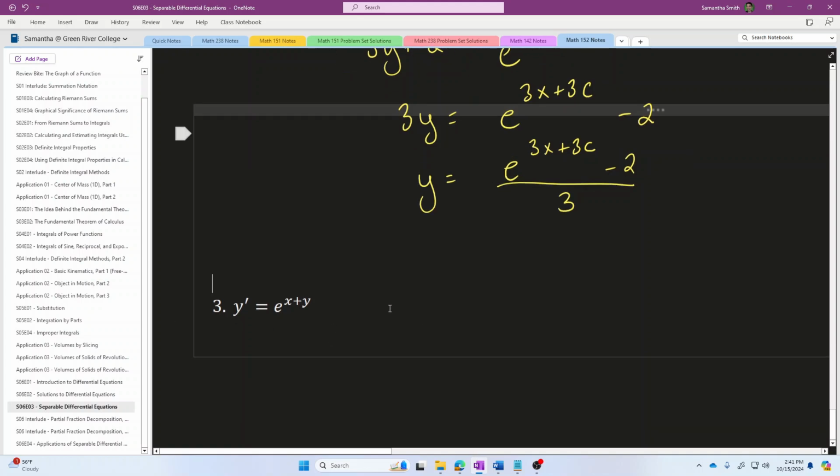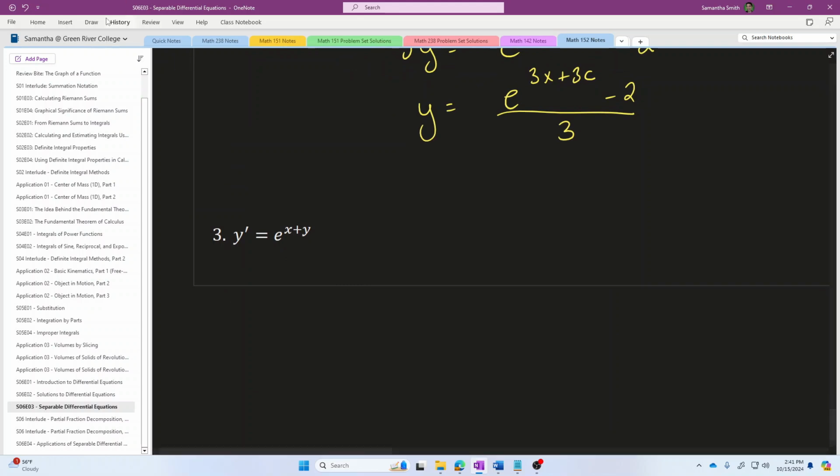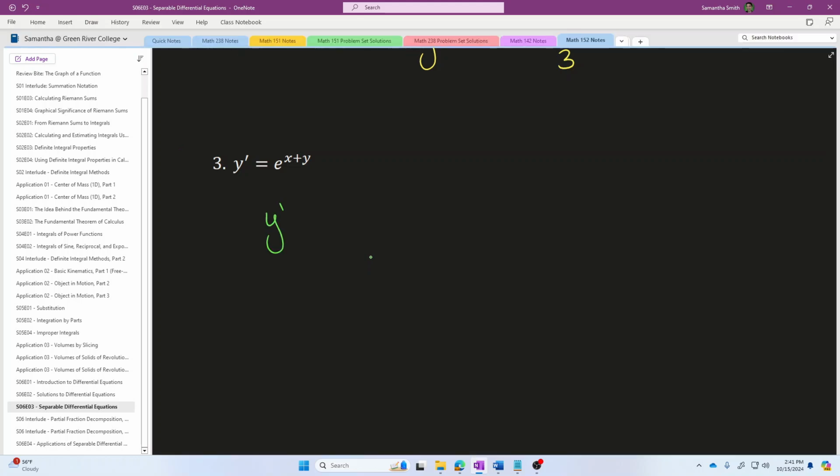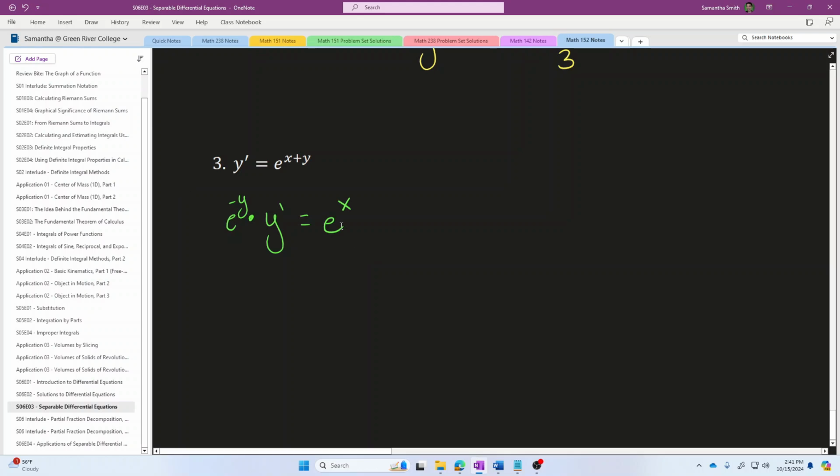And one final example. Here we have the last separable equation that we identified earlier. Y prime e to the negative y equals e to the x was the rewrite of this equation in the standard format.